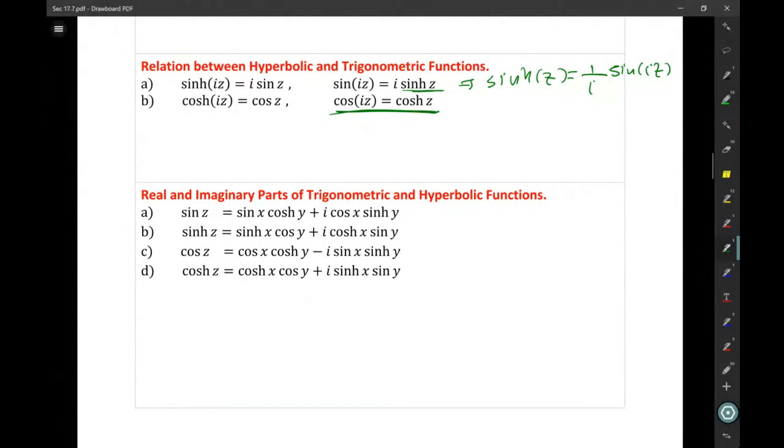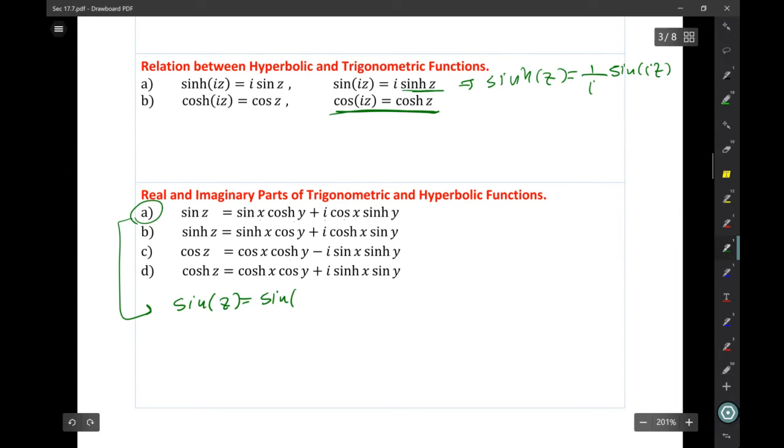Now, these are the real and imaginary parts of sine and cosine. Sine z is equal to sine x cosh y plus i cosine x sinh y. How? Let us see how you get it. Sine of z is equal to sine of x plus iy.